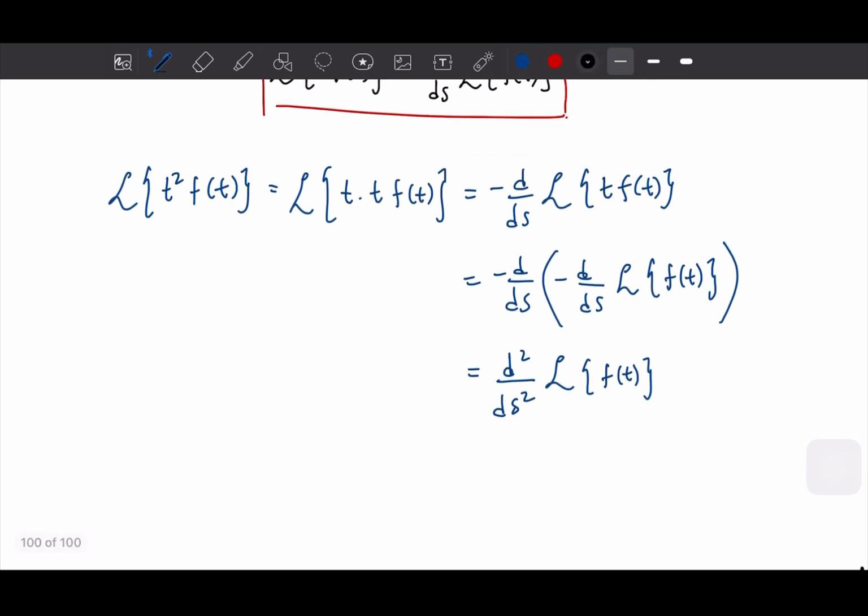Okay, so we could write the formulation for some n, so t to the power of n.